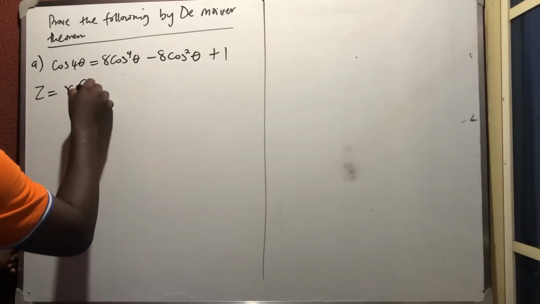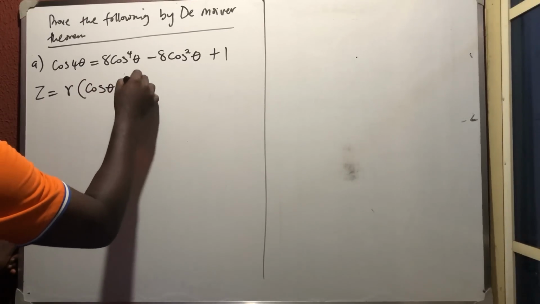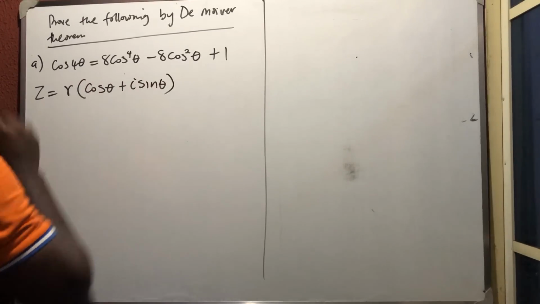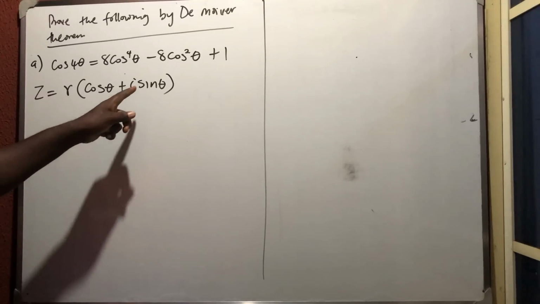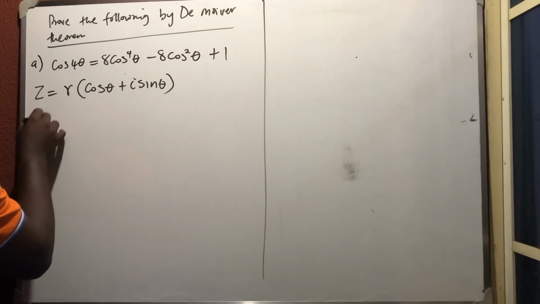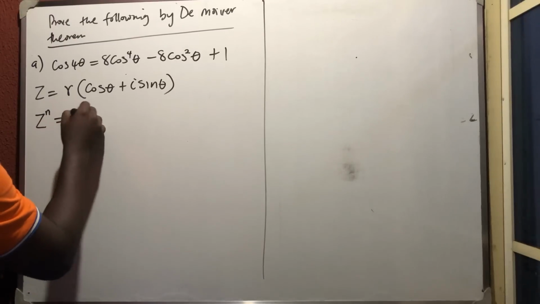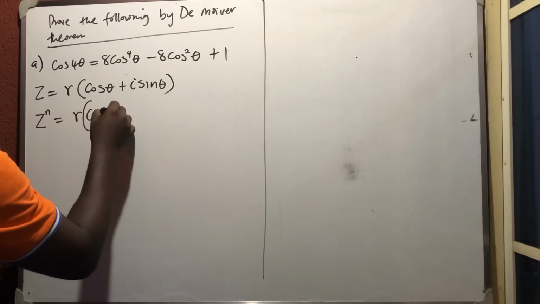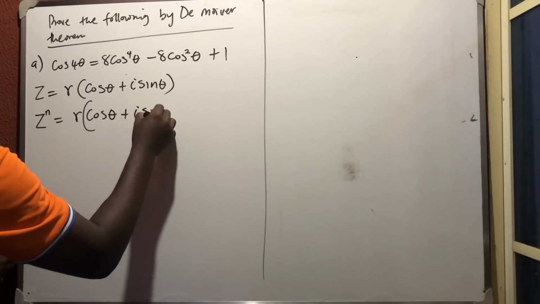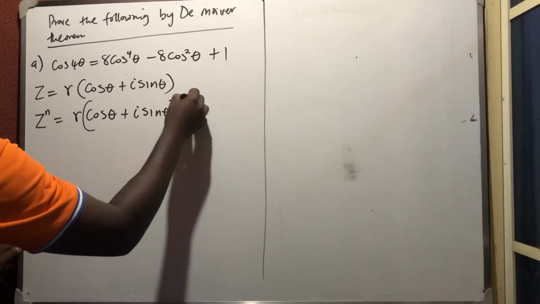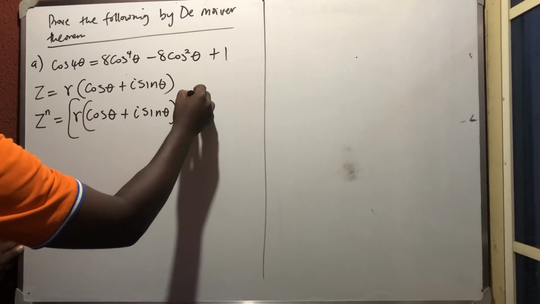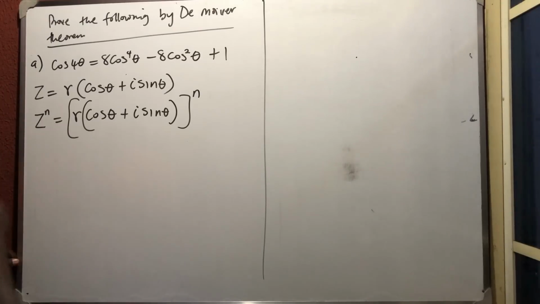R in bracket of cos theta plus i sine theta. Don't forget this, is it not? This is when it is in polar form. Then z raised to power n is equal to R cos theta plus i sine theta, then all raised to power n.